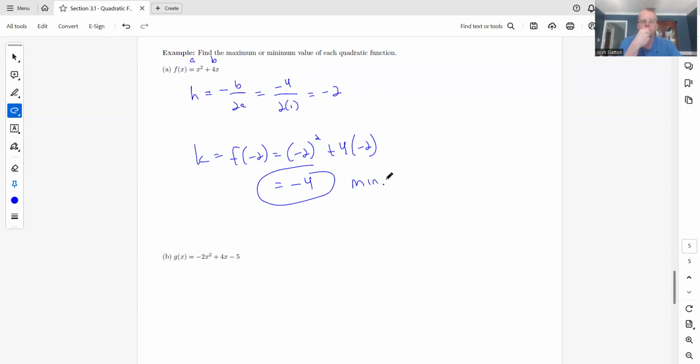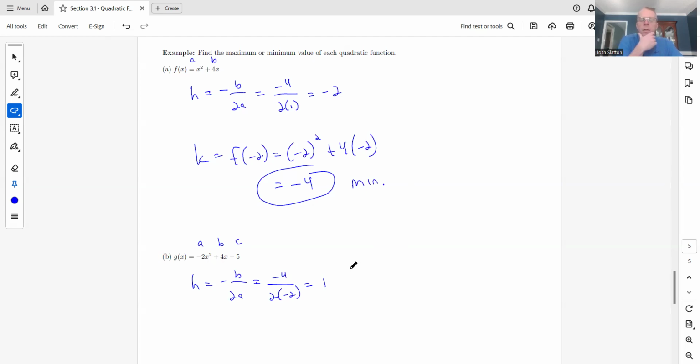Same thing with this one. We have a is -2, b is 4, c is -5. So h is negative b over 2a. So -4 over 2 times -2, and that gives us 1.